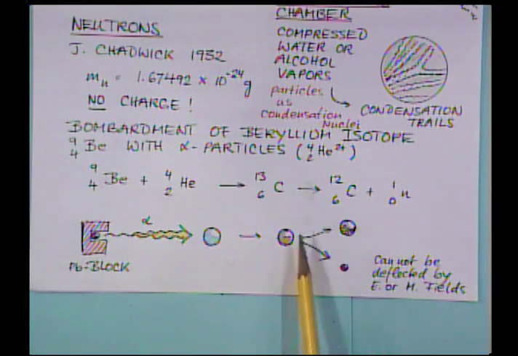First of all, we get the carbon-13 as an intermediate, which is a very unstable isotope of carbon. The stable one is carbon-12, and another one is carbon-14, which is less stable but not that unstable as carbon-13. And then it stabilizes itself by shooting off a neutron, and as a result we have that stable carbon-12.